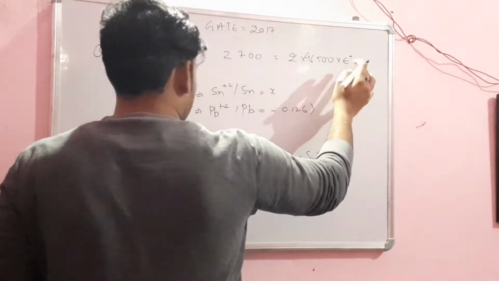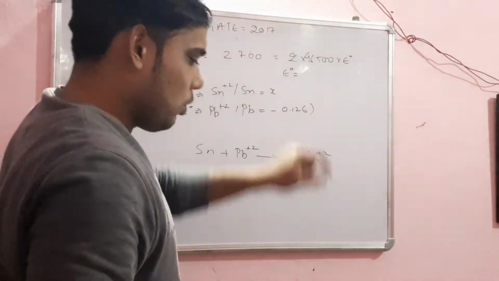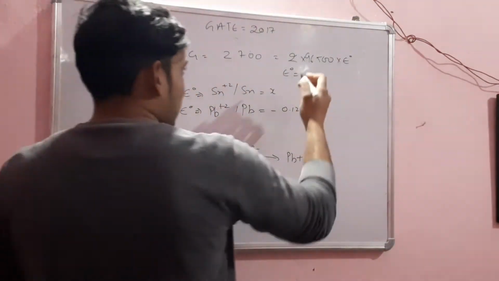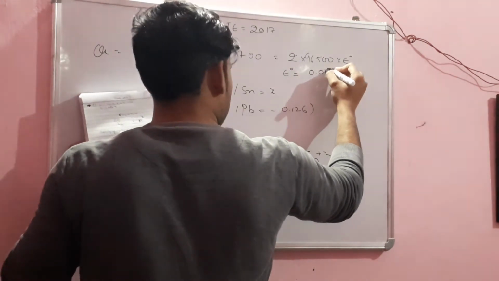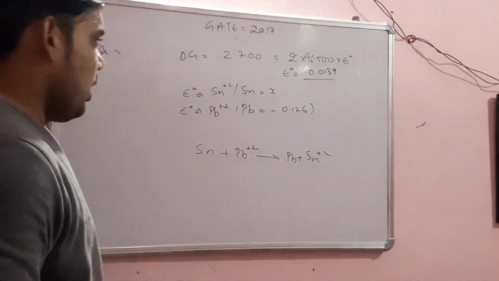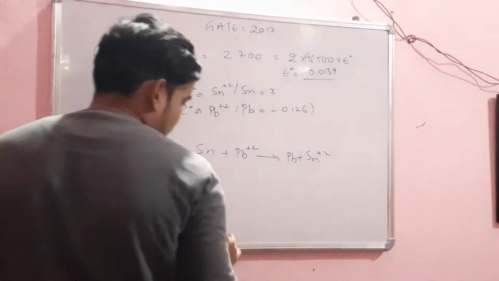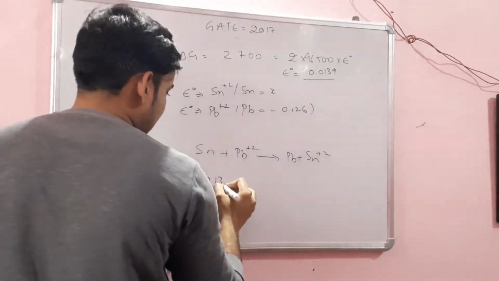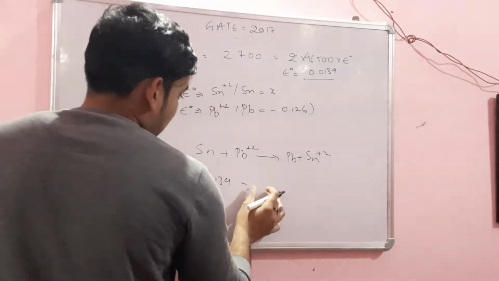So the E naught value, after calculating it, I have solved it already, will come out to be like this, 0.0139.